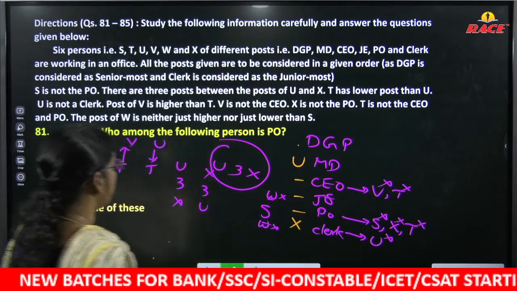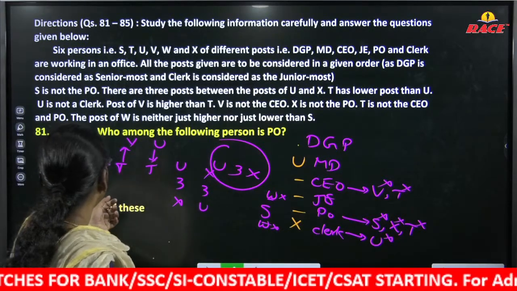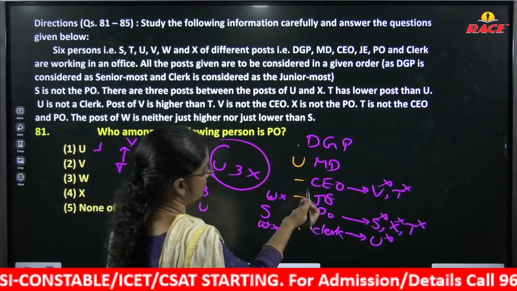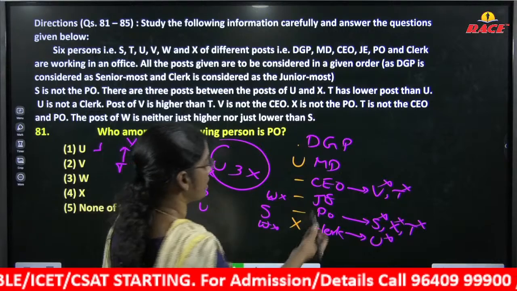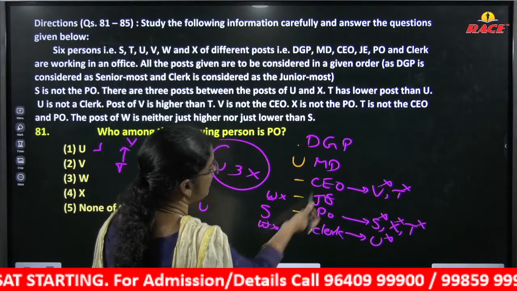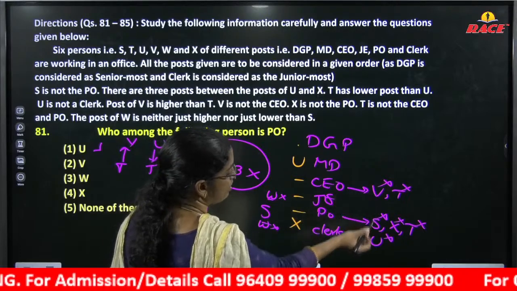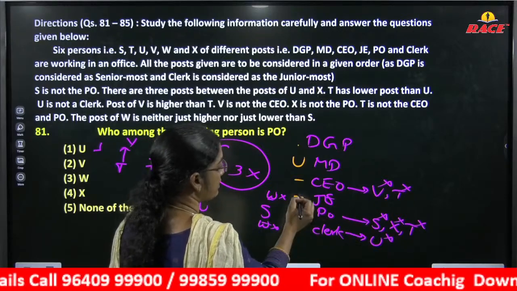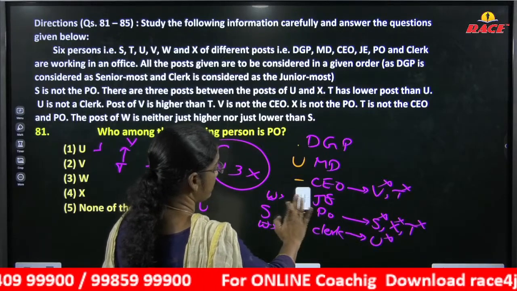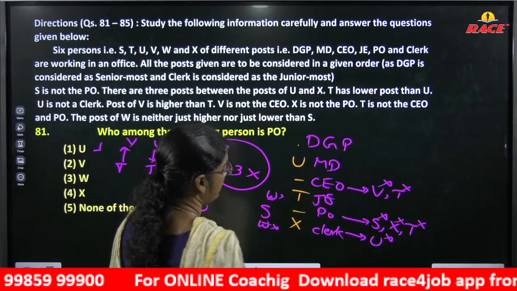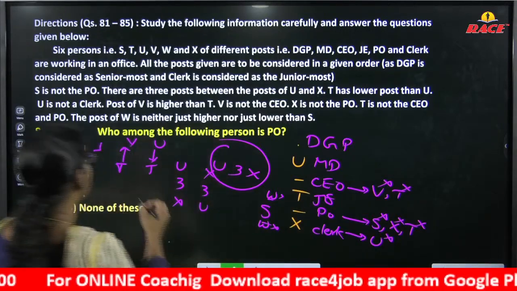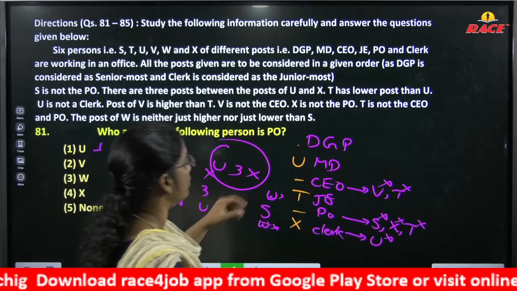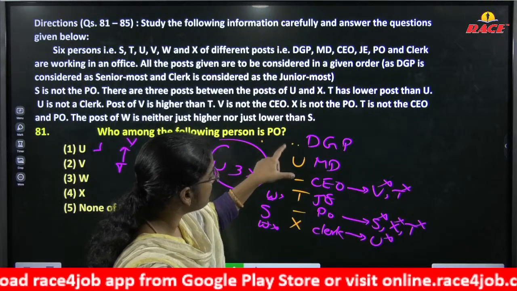Then our condition: V is above T and U is also above T. So T is definitely below U. Below U, we are having three places, but out of three places, two places are not for T. That means CEO is not T, PO is also not T. So here we are having one chance to take T, so I'm taking T here. And V is above T. Above T we are having only two chances, here and here.